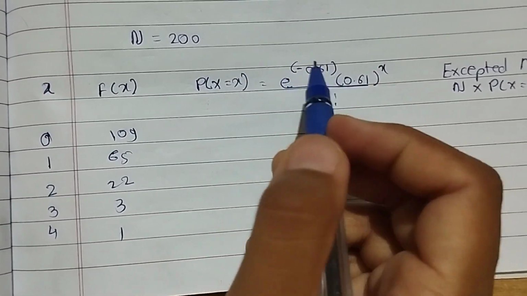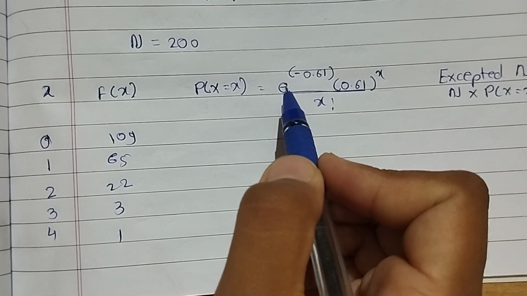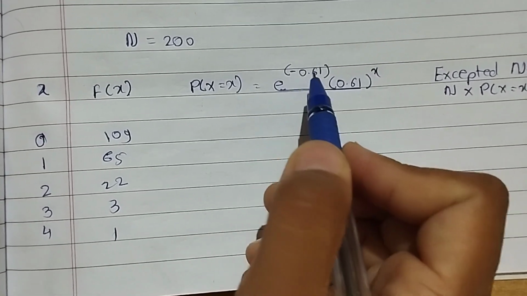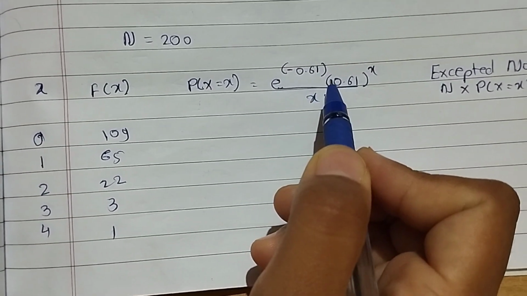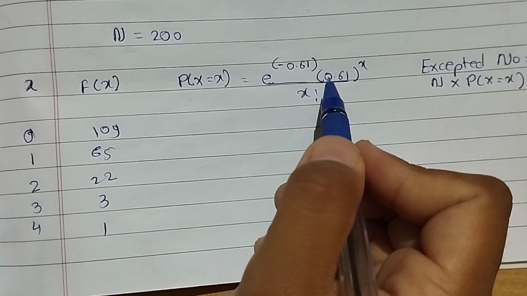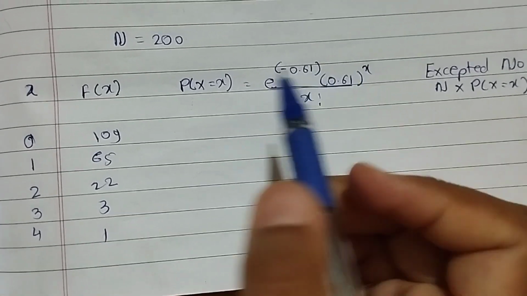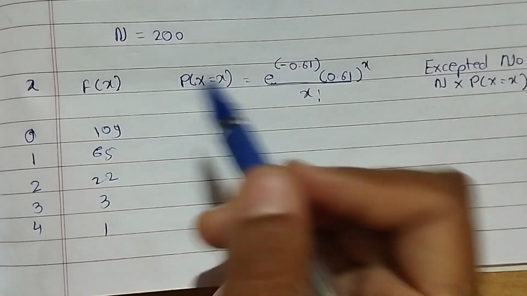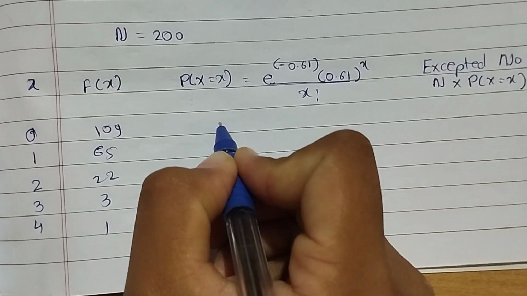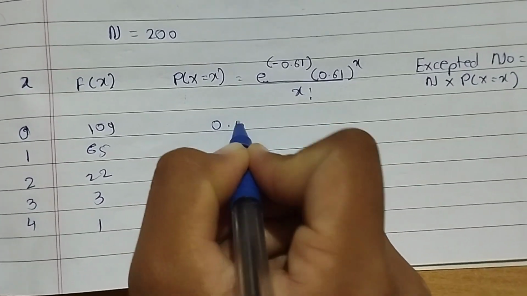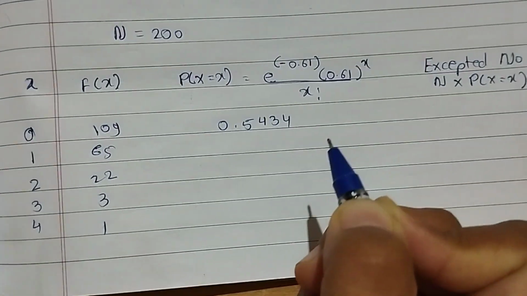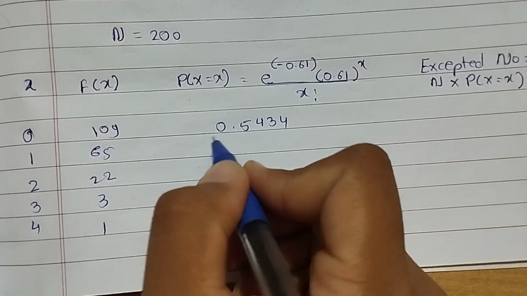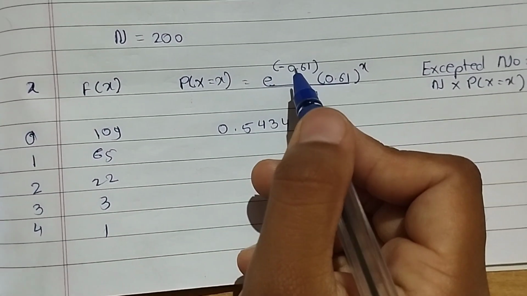So first we put the value e raised to minus 0.61 into 0.61 raised to 0, because the first value of x is 0, upon 0 factorial, we get 0.5434.